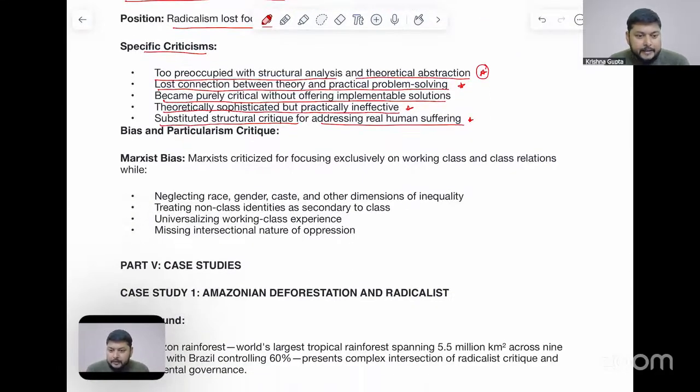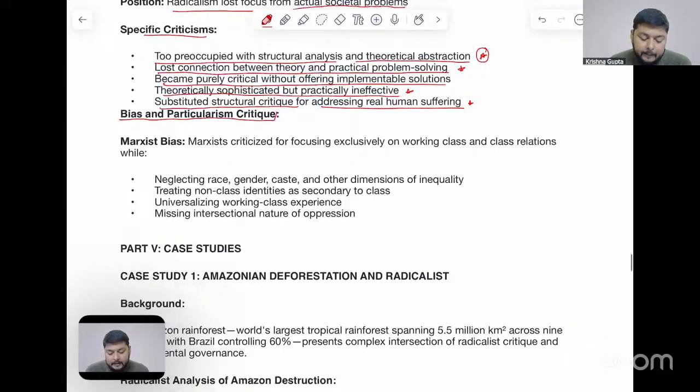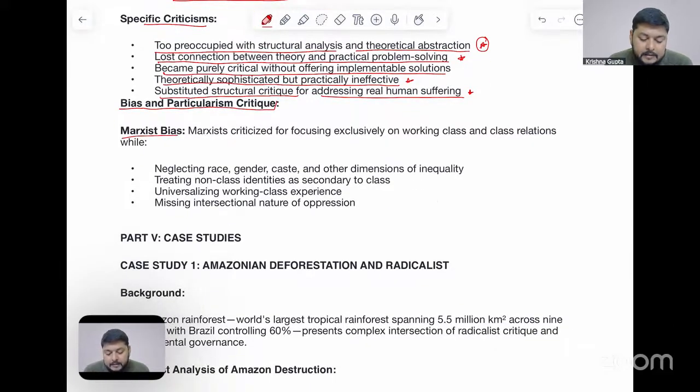Certain people said that radicalism and Marxism are biased, and a particularism critique is seen here. Like Marxist bias: Marx is criticized for focusing exclusively on the working class and class relations, while neglecting race, gender, caste, and other dimensions of inequality. Okay, Marxism just went for that part.